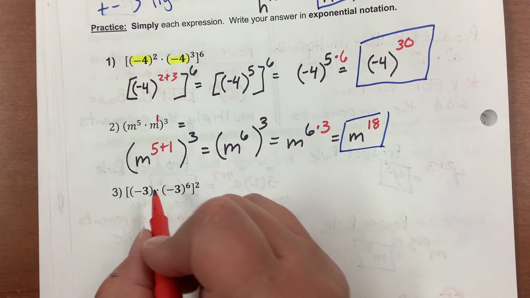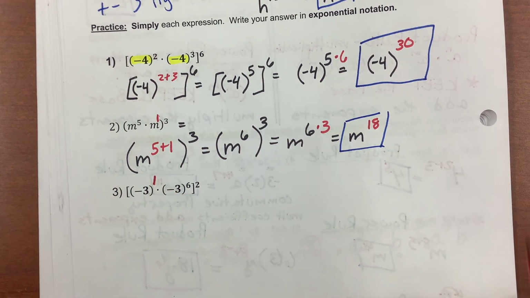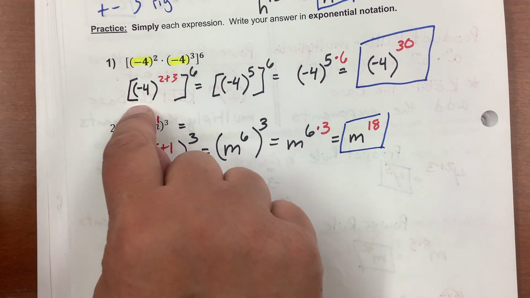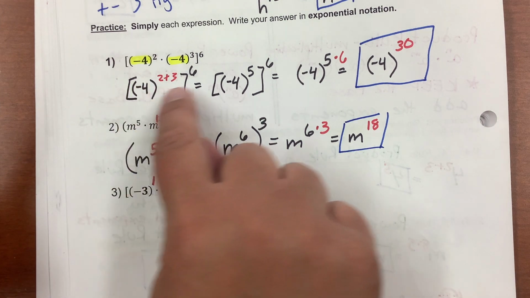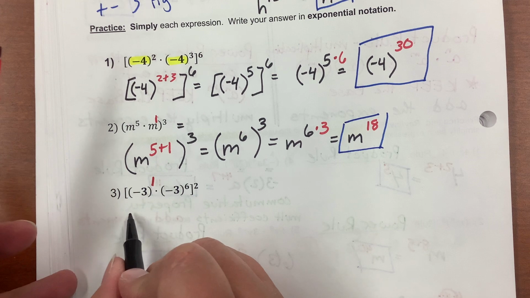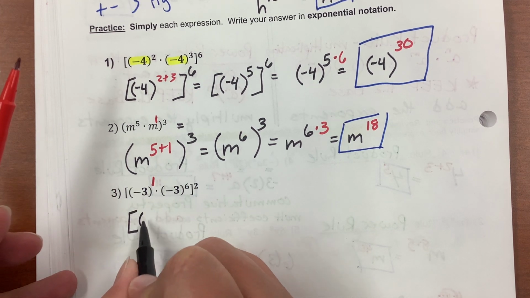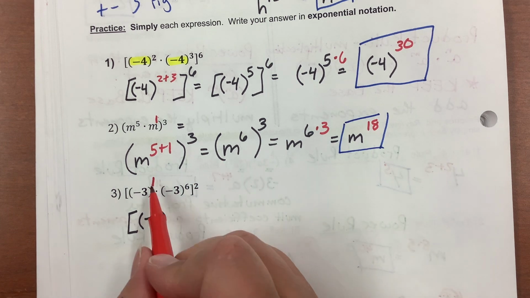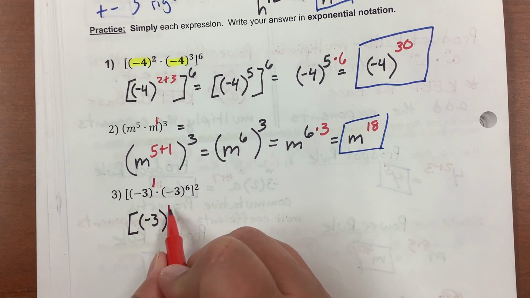So here down for this one, I also am missing my exponent. Negative 3 is this one with the parentheses is a lot like this one. So I'm going to follow this as a guide. Keeping my brackets and my negative 3 in parentheses, I'm going to add these exponents, 1 plus 6.